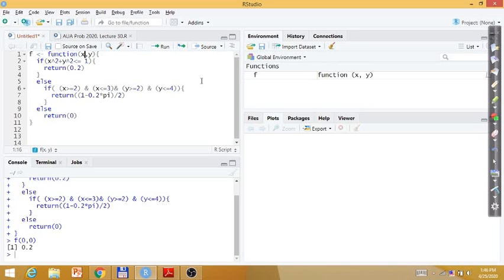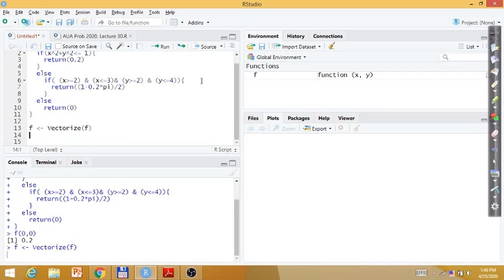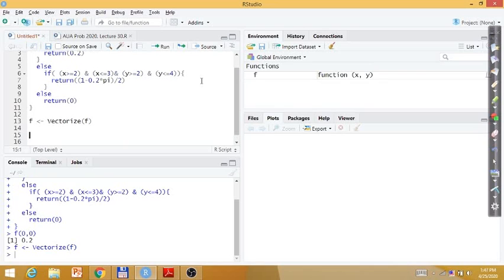I cannot straightforwardly calculate the value of f for a pair of vectors, or a vector of pairs maybe. To be able to work with vectors, I am vectorizing that function, which is easy in R. So I'm writing Vectorize my f. I'm running this.